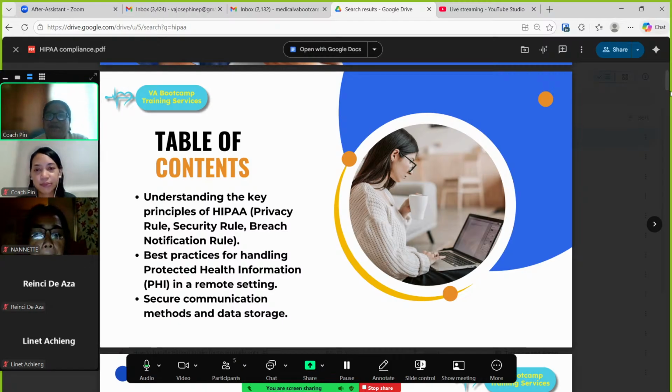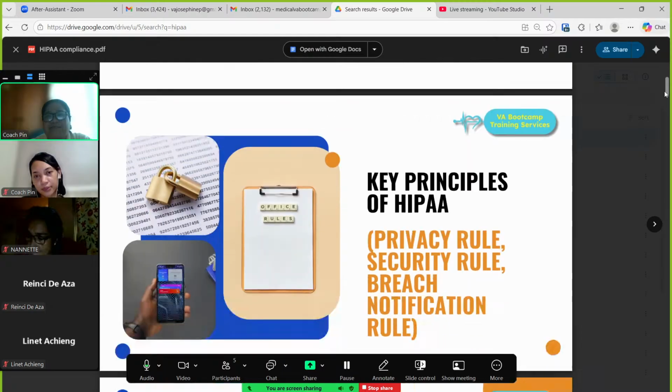That is the privacy rule, security rule, breach notification rule, and then best practices for handling protected health information, or PHI, in a remote setting. Another one is secure communication methods and data storage.